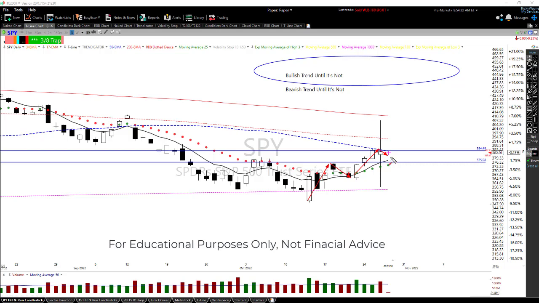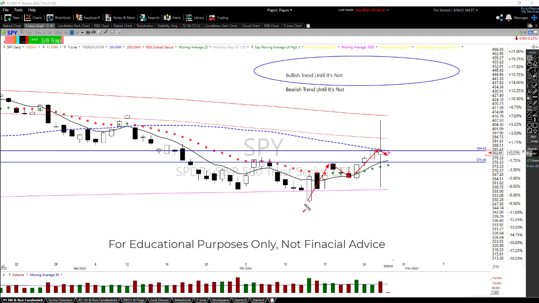Everything is still working. I know Facebook, bad rap, Google's not looking so good. I get it. There's charts out there not looking so good. But if we look at the SPY here, and the SPY is just my market, somebody else might be looking at something else a little differently. But we can look at the SPY, IWM, the Qs, the diamonds, and they all look very much like this right here.